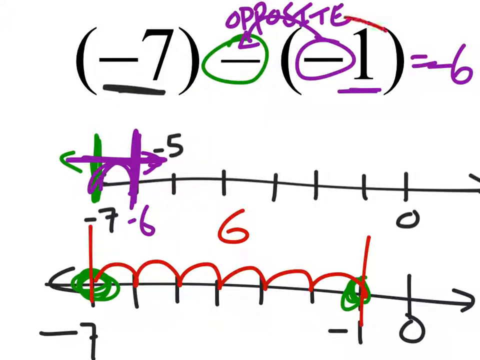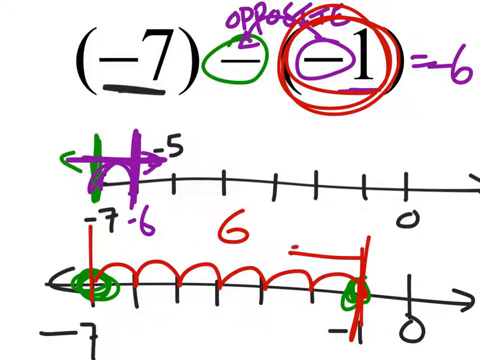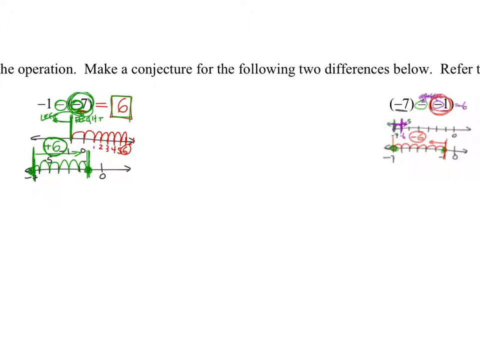Well, we always start with the second number when we look at the difference. So we started -1. We went to the left. The left is the negative direction. That's why it's -6. All right, so see the difference? On this first one, we got a +6 for a couple different reasons. They're kind of the same, though. And then over here, this is -6, again, because of the direction, or, well, I guess it's still direction.